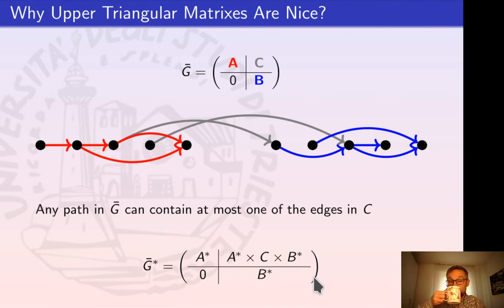Okay? So the star represents the infinite product, exactly. So it's a way to say I want to multiply bar G times bar G times bar G infinite times. Okay?